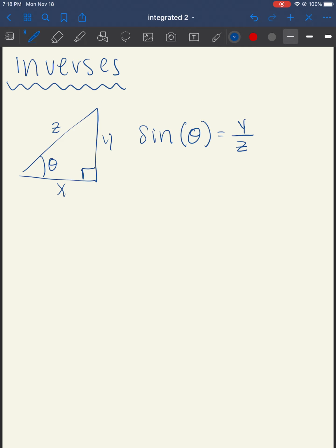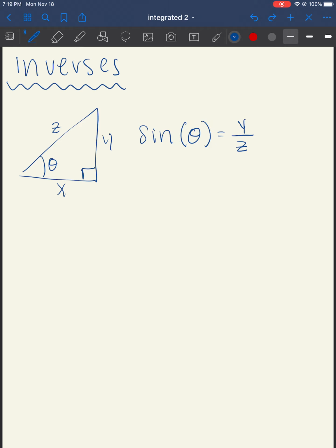So basically what it means is when you have regular sine or regular cosine or regular tangent, it just means that whatever is in those parentheses is an angle. So this has to be an angle. You cannot have this number be a side length. It has to be an angle.